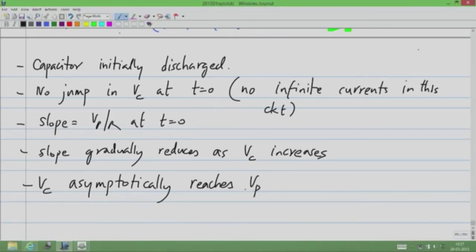What is meant by asymptotically is that it gets very close to Vp but doesn't quite get there. It gets there only at t equal to infinity.